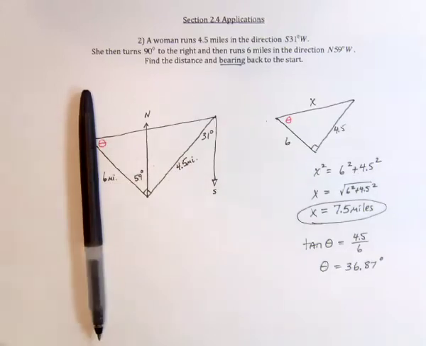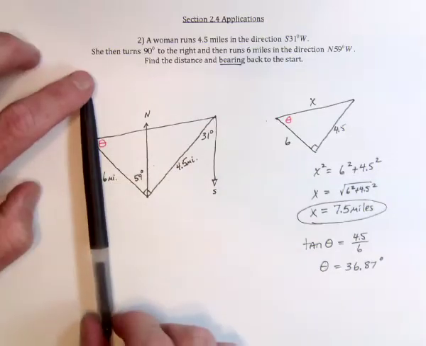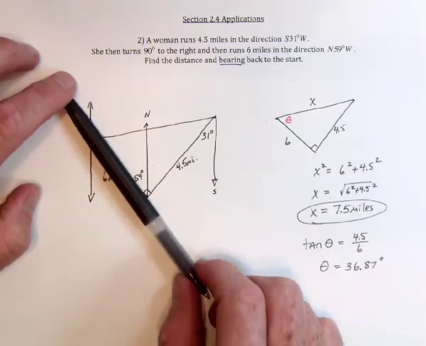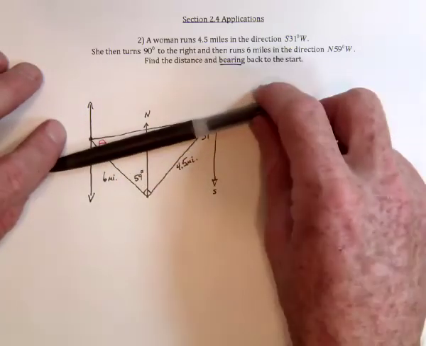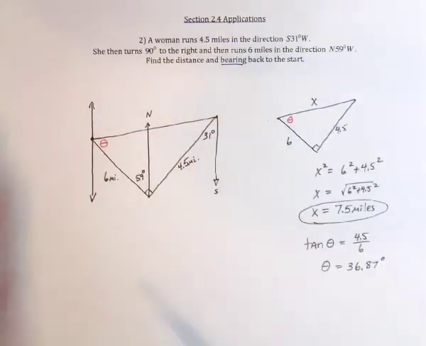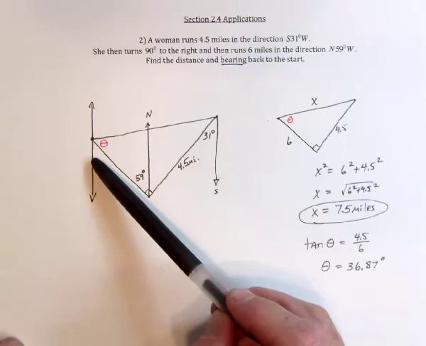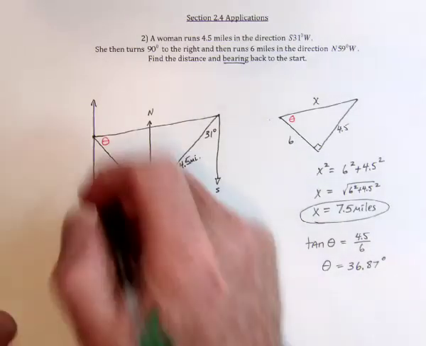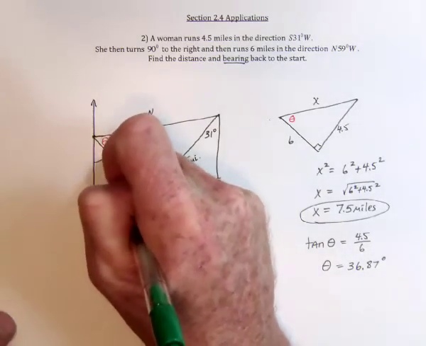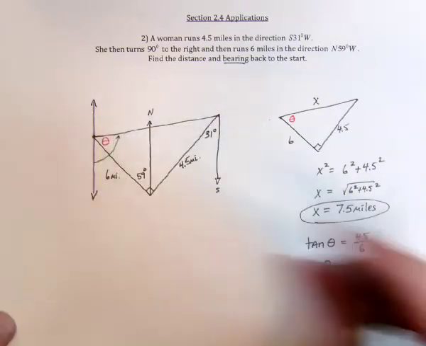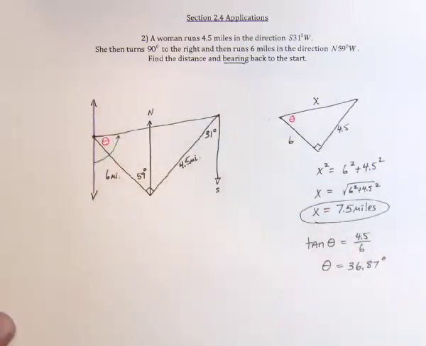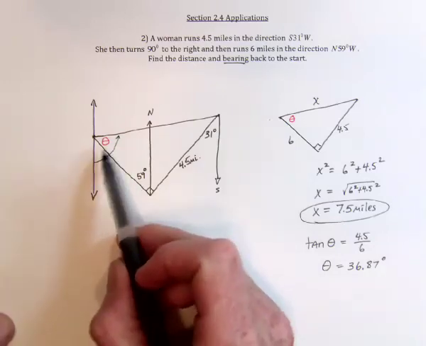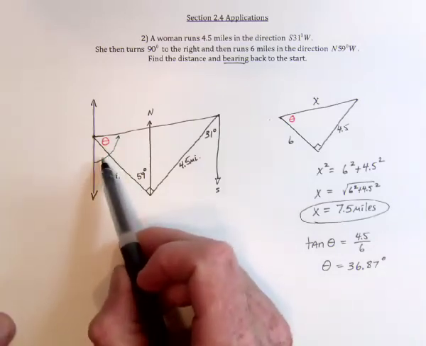Or from the south, go this many degrees. Which means that if I were going to go from the south line, we need to be able to go from the south line right here all the way over to that, which is our line back to the start. And we do have this as 36, but we're missing this part.